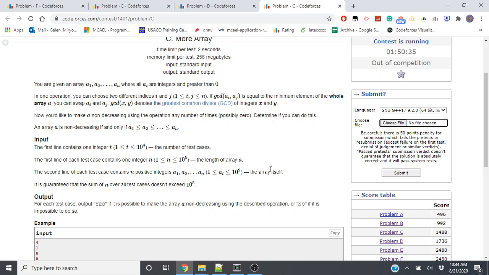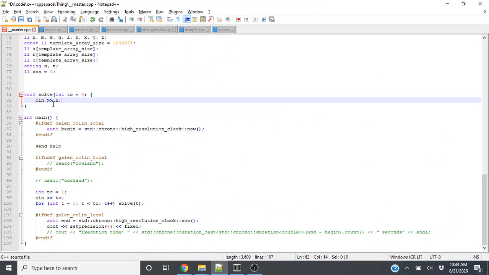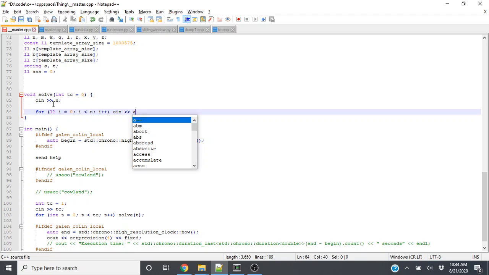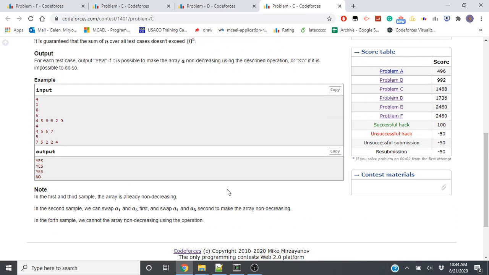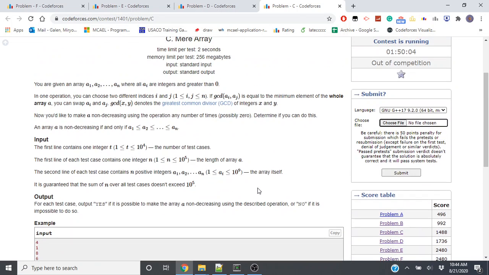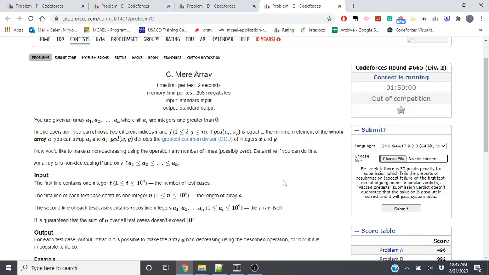The minimum element of the whole array. Okay. So, first of all, we can use all.